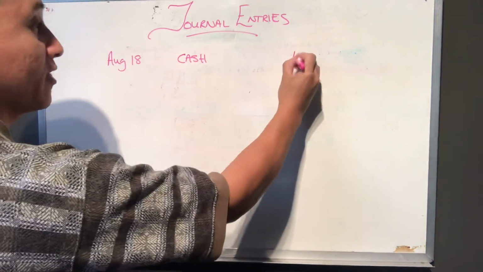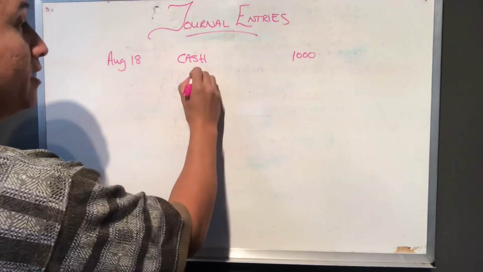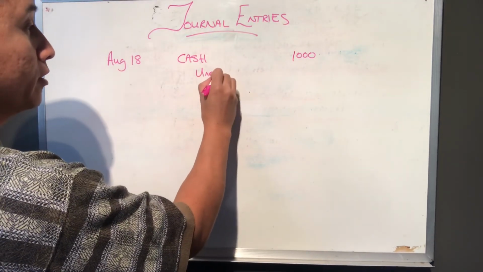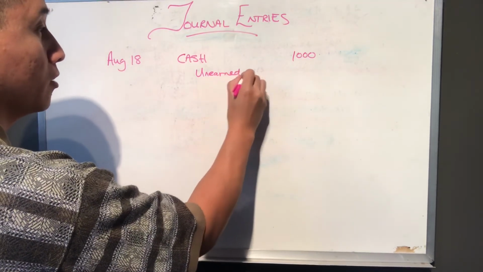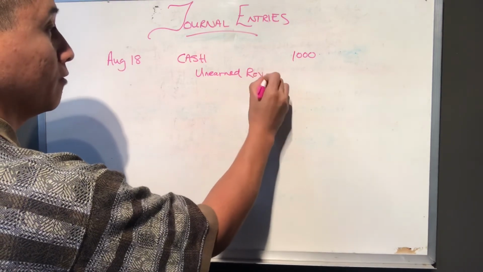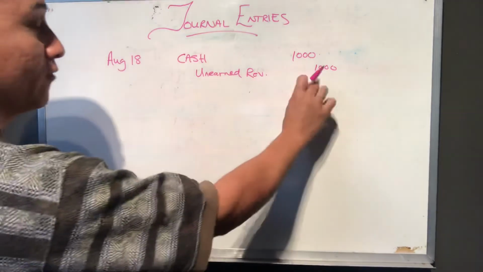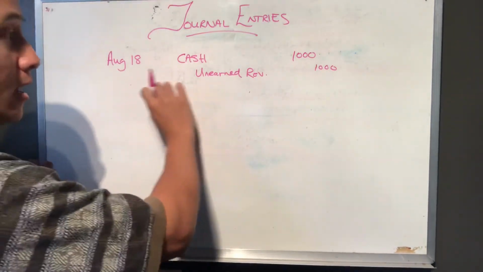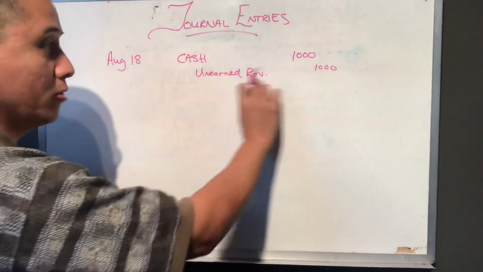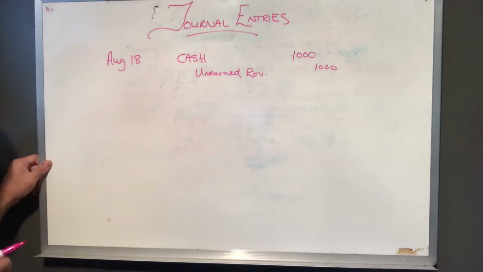Let's just say it was for $1,000. And here it would be unearned revenue for whatever the service is there. Remember, in all these cases, I'm just leaving out the explanation for space sakes, but there will always be an explanation underneath. All right.